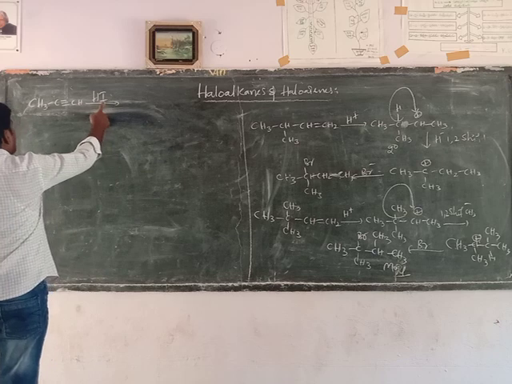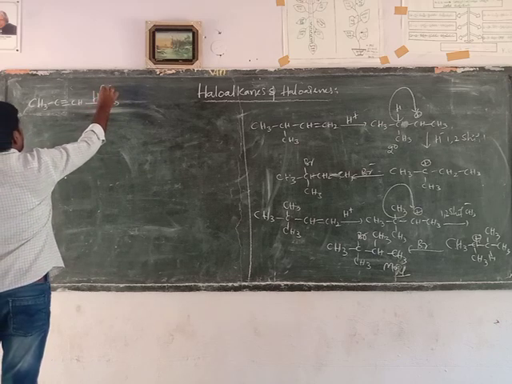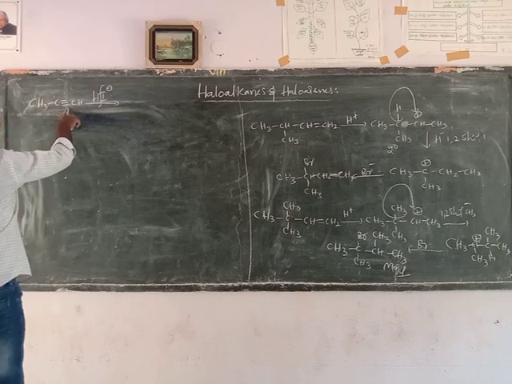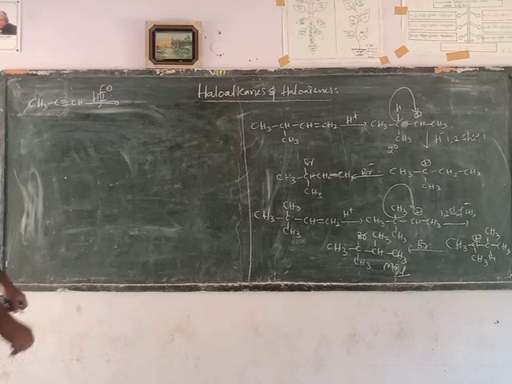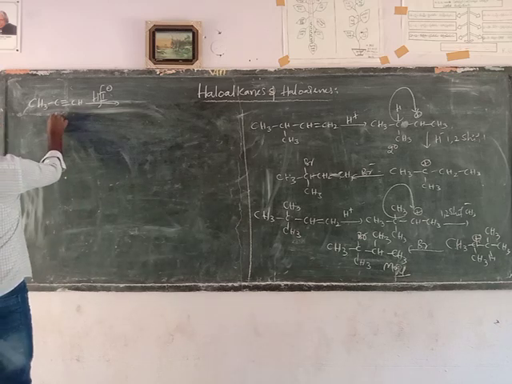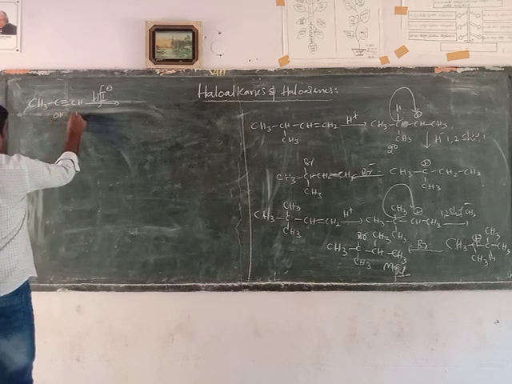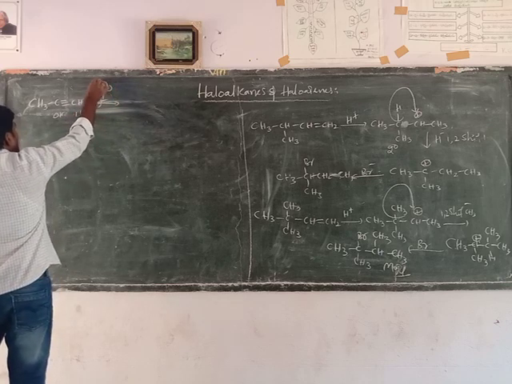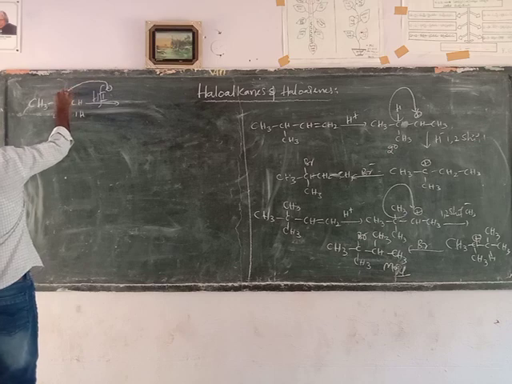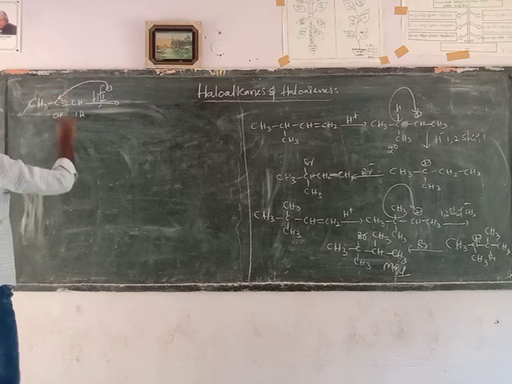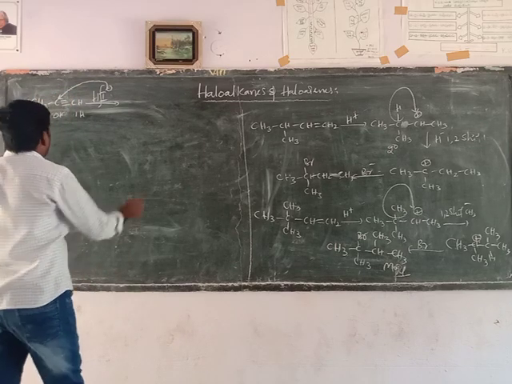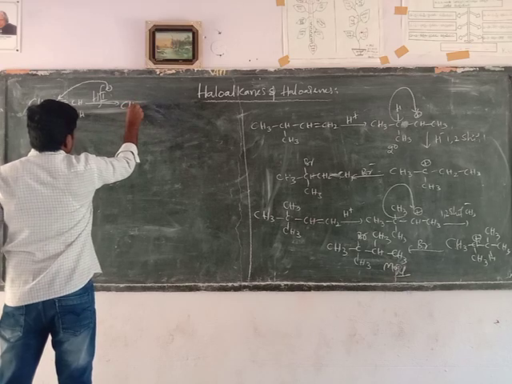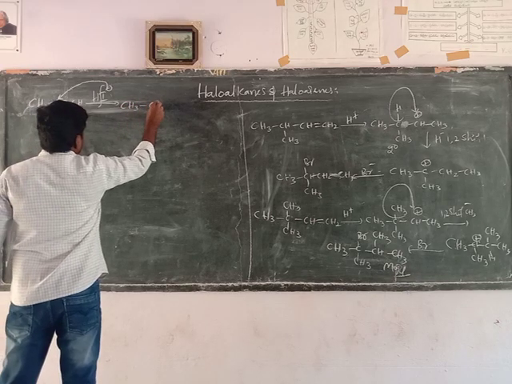According to Markovnikov, the negative part of the attacking reagent attacks the multiple bond carbon with fewer hydrogen atoms. Here zero hydrogen atoms are there, here one hydrogen atom is there. So the negative part attacks the carbon with fewer hydrogen atoms to form the major product.